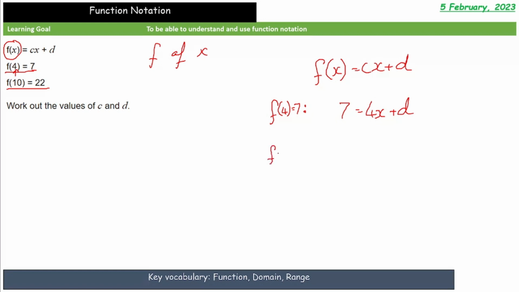And the same for f of 10 equals 22. 22 is our output, and it's equal when we have an input of 10. I made a mistake here, let's just do this again.